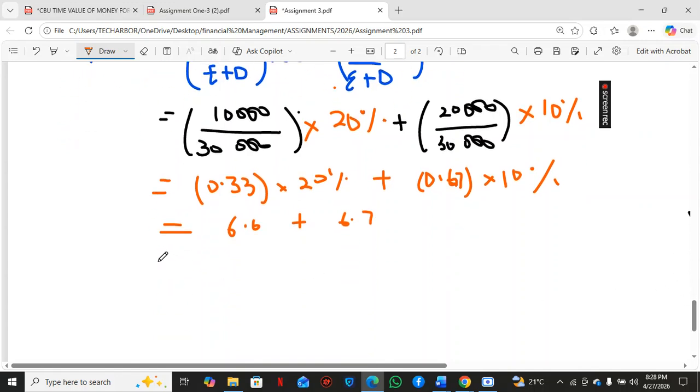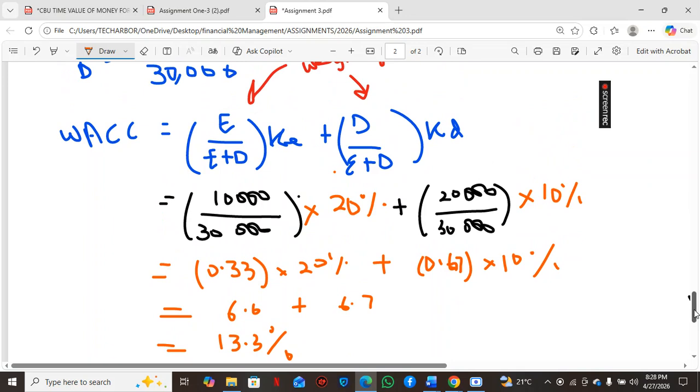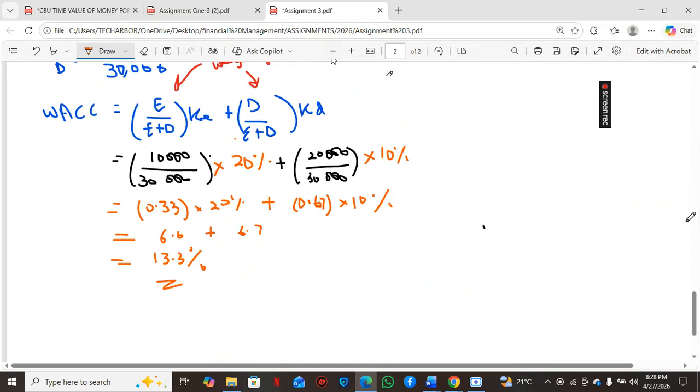So 6.6 plus 6.7, you get 13.3%. So, colleagues, this is the overall cost of financing for this entrepreneur, 13.3%. That is what the weighted average cost of capital illustrates.